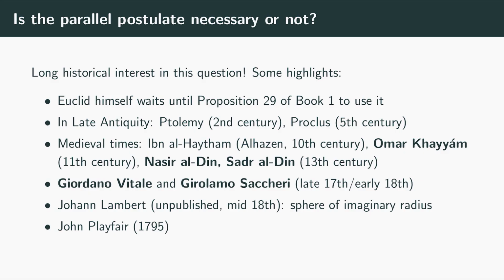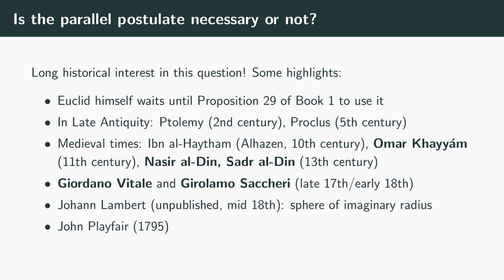There was Ibn al-Haytham, who was often called Alhazen in the West. He studied it in the 10th century. Omar Khayyam, who's maybe more famous as a poet, you might have heard of the Rubaiyat of Omar Khayyam, studied this problem. He was a noted mathematician and astronomer in addition to being a poet. Nasir al-Din and Sadr al-Din, who was his son, both addressed this question in their writings.